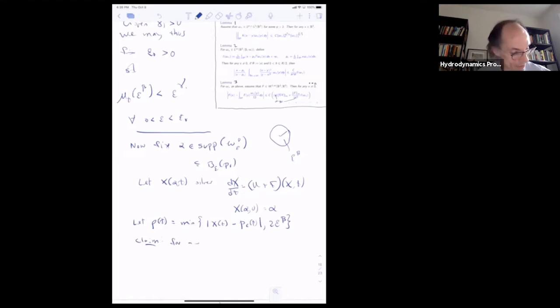So for almost every t, this rho prime of t is less than some constant times the L infinity norm and the W^{1,1} norm, and then rho of t. So norms of the vector field. Okay, this is my claim.